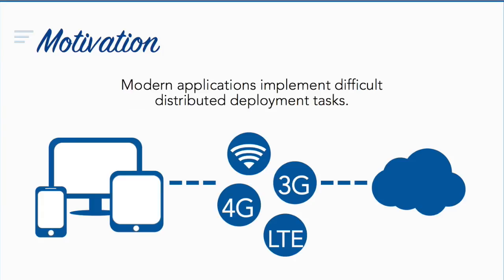Programmers had to combine code across smartphones, tablets, and cloud services, all connected by varying wide area networks like Wi-Fi, 3G, etc. And they needed a solution for complex distributed tasks like fault tolerance, caching, and scalability.